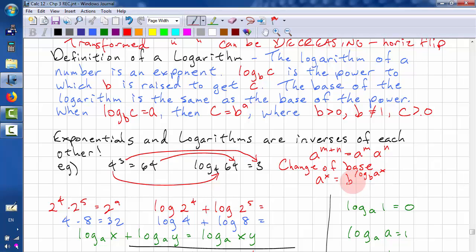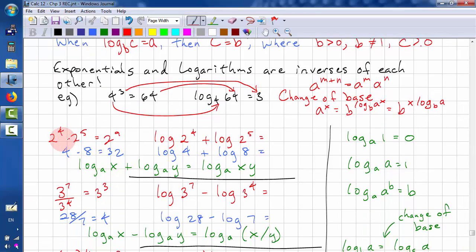Okay, so these two are inverses, so they cancel out, and we're left with a to the power of x. We use another log law, which I haven't covered yet. We can rewrite this as b to the power of x log b of a, since x comes out front because it's the exponent. Okay, so you'll see these two being used in our proofs of derivatives.